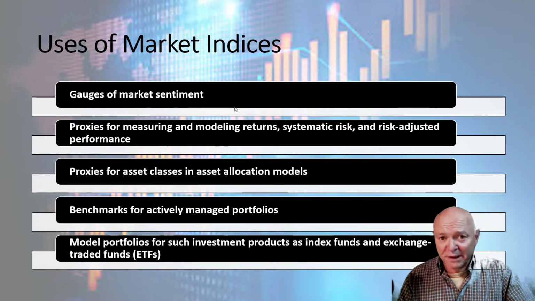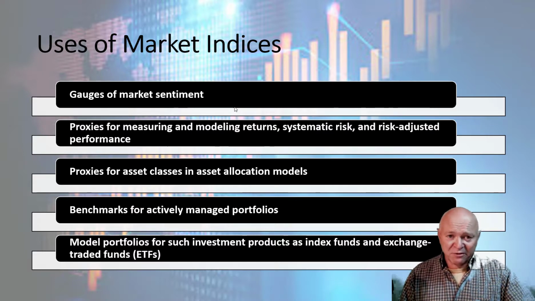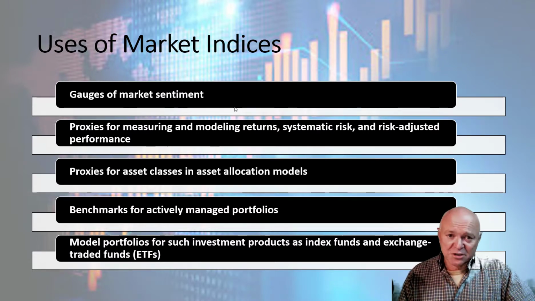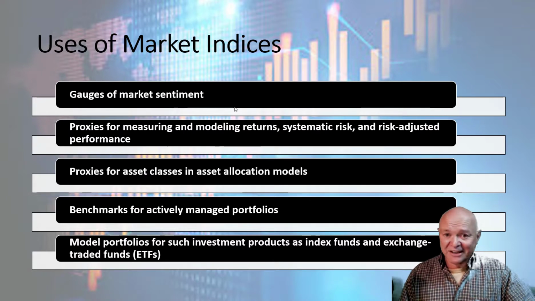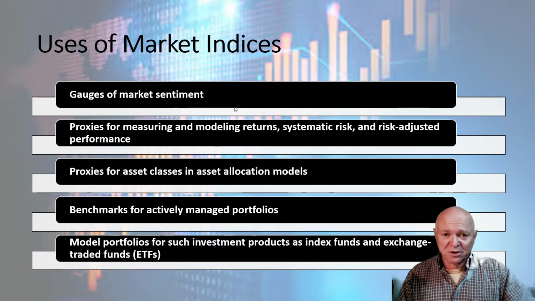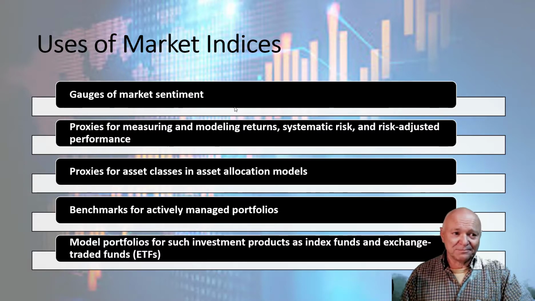And they provide benchmarks we can use to gauge our performance. We outperformed the S&P 500. We underperformed the TSX index. Those are terms you hear quite often. And of course, they give us an opportunity to create specialized investment products like exchange-traded funds, or ETFs, that track those particular indices. We'll take a look at those in a couple of minutes as well.